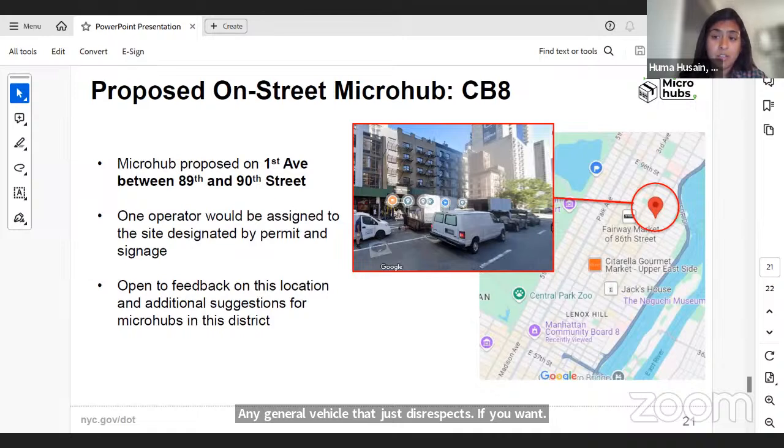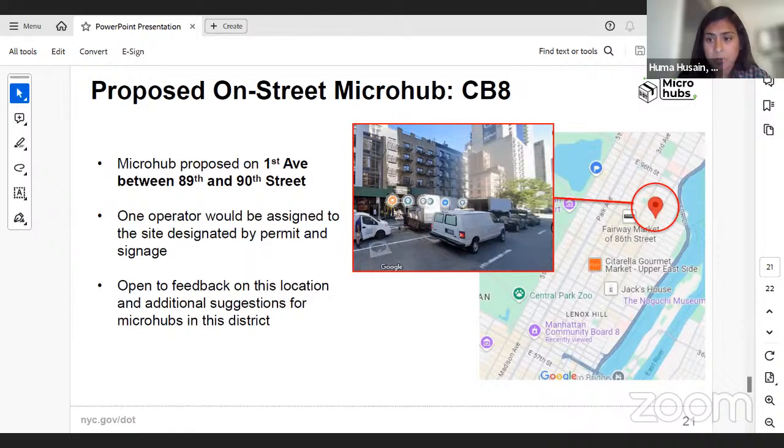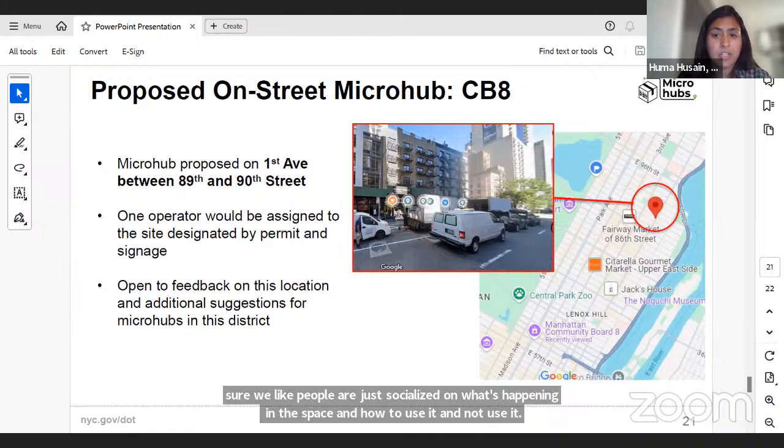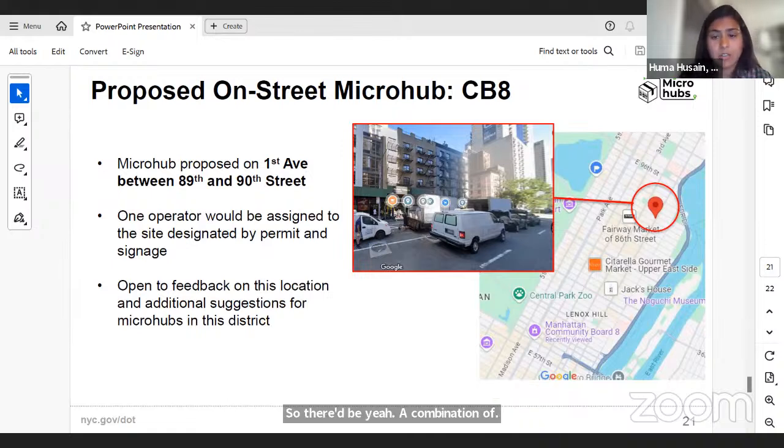We're giving the companies themselves the right to do so, but PD also obviously has that right. We've asked that PD support some increased enforcement for the first few months to make sure people are just socialized on what's happening in the space and how to use it and not use it. So there'd be a combination of the company themselves and PD. And of course, we're always available, but we're really not the towers. So we'd have to call in PD.